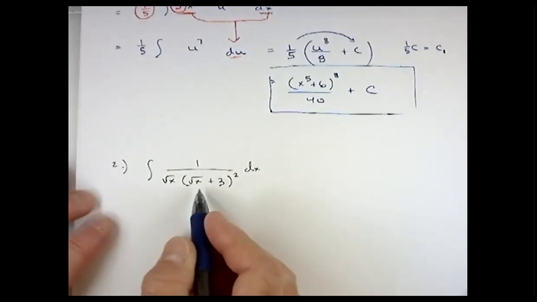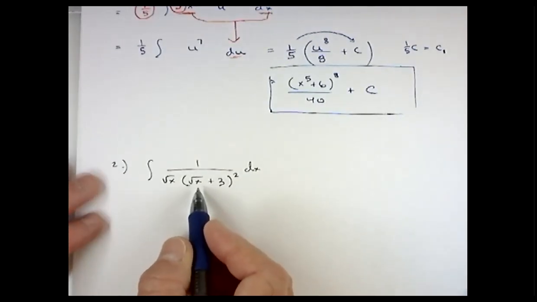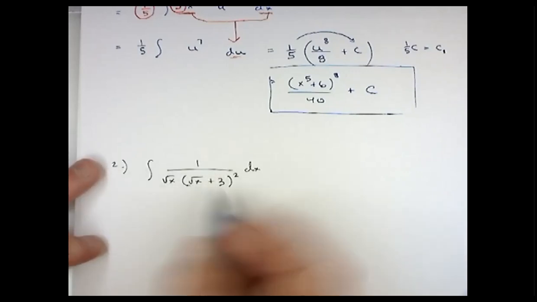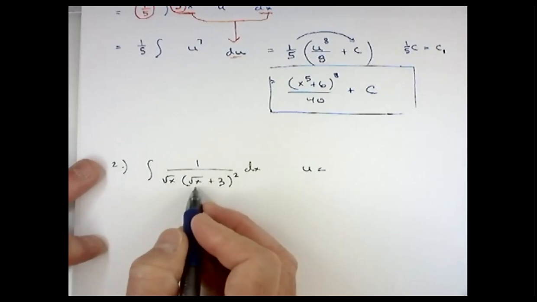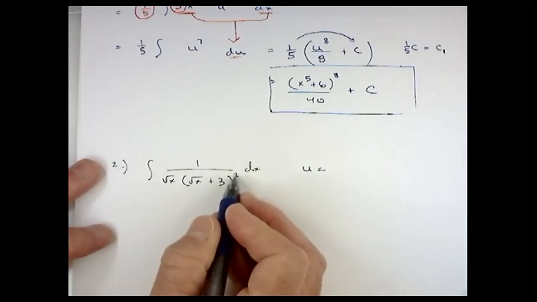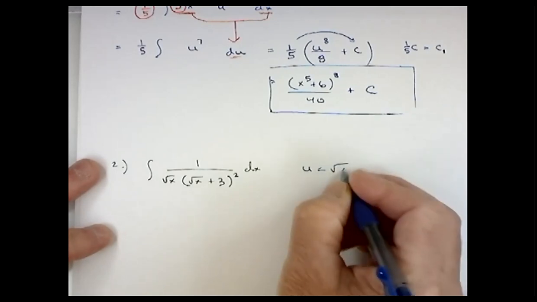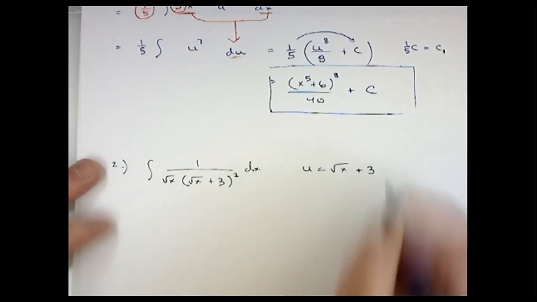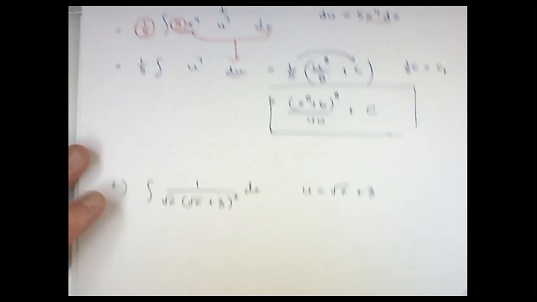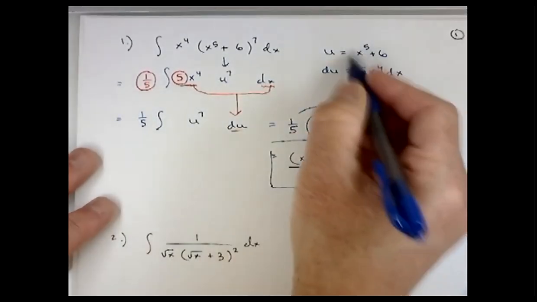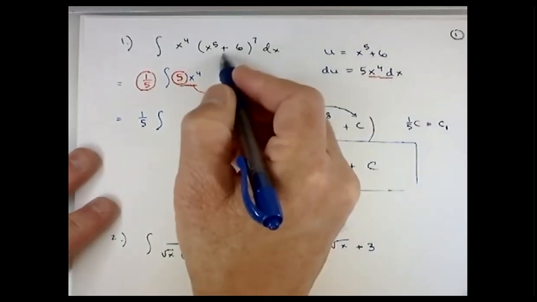So for my next example, everything's going on in the denominator. If I had to pick one, though, I think I'd pick this because it's being squared. I would pick just the inside. And that's another thing to think about when you're choosing your u: I don't need to take the whole 7th power, like back on this first one.